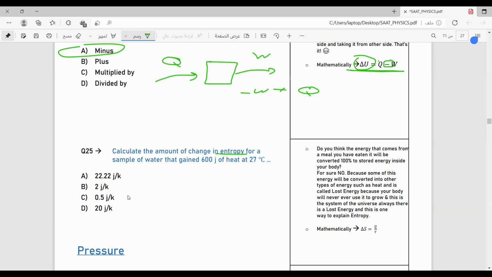Entropy is trying to explain how the energy will be lost. So it will conclude that the universe is in a chaotic situation. The mathematical expression for entropy includes the heat and temperature, which is this one. It's very simple.